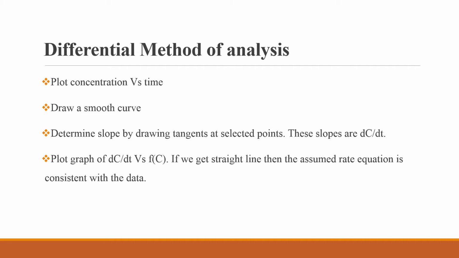In order to determine slope, draw tangents at selected points. Then determine slope. The slopes are dC by dt, that is rate of reaction minus rA. Plot a graph of the slope dC by dt versus concentration and check whether we get straight line. Then the assumed rate equation is consistent with the data.